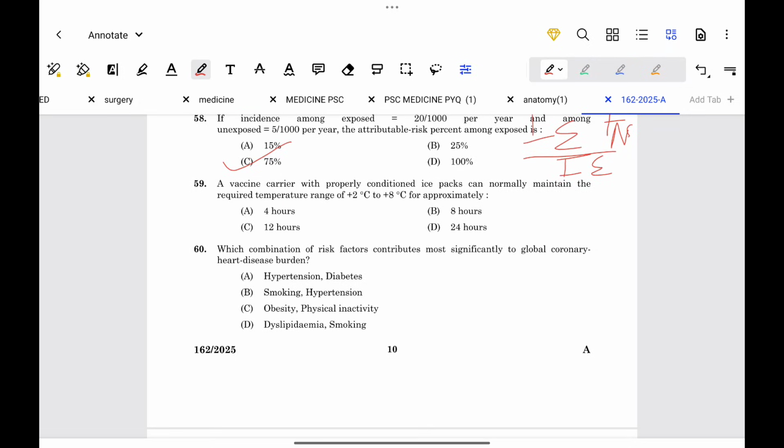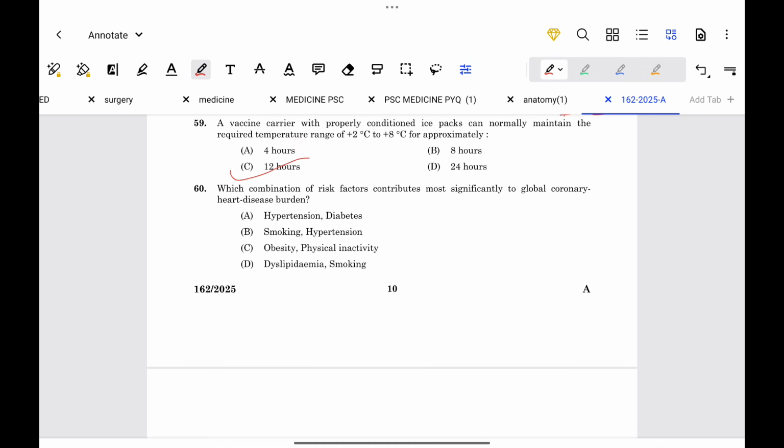The vaccine carrier with properly conditioned ice pack can normally maintain the required temperature range of +2 to +8 degrees Celsius for approximately 12 hours. Which combination of risk factors contributes most significantly to the global coronary heart disease burden? This is smoking and hypertension.